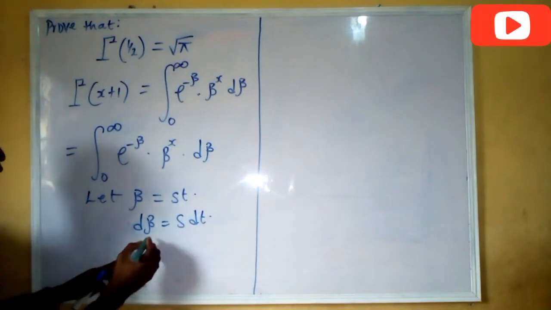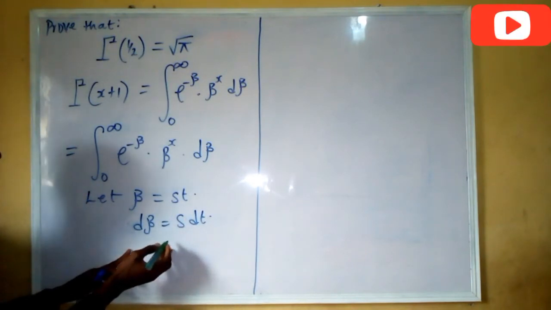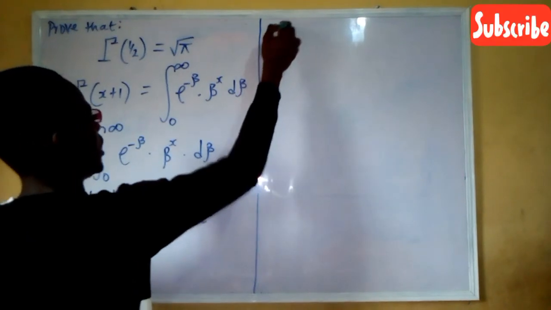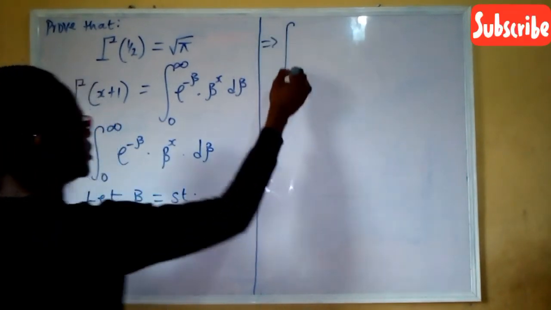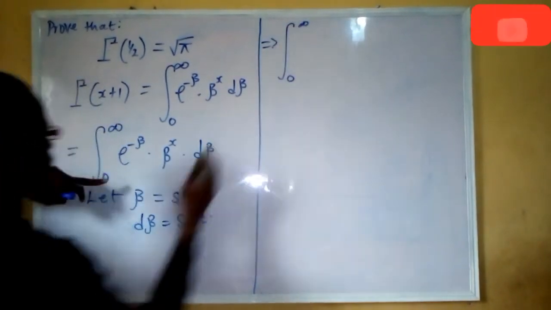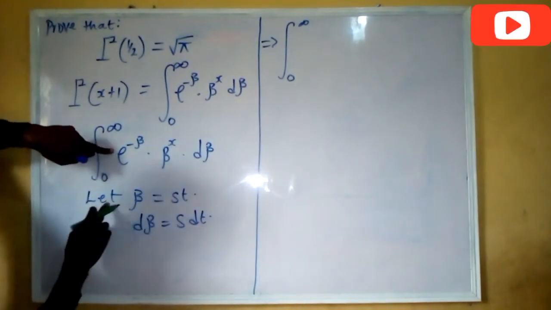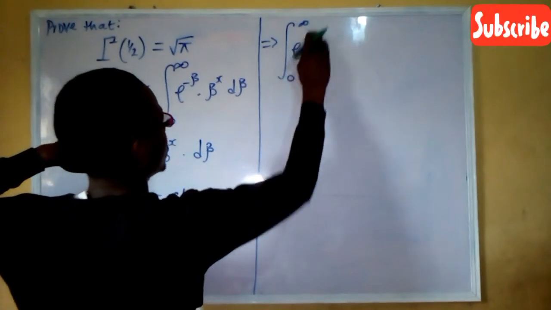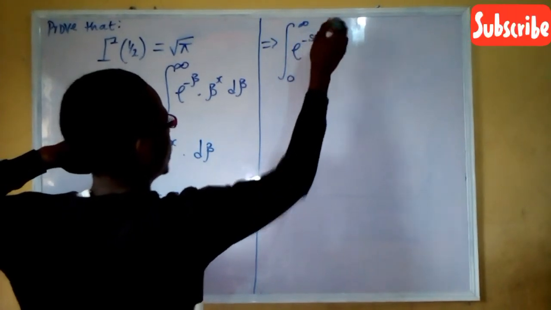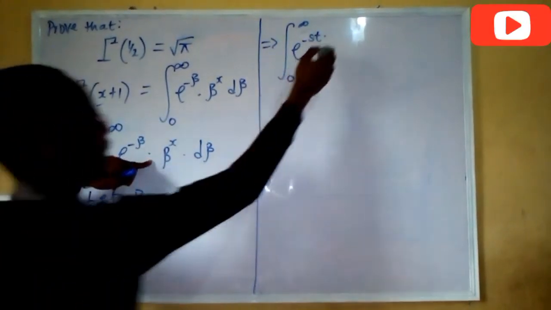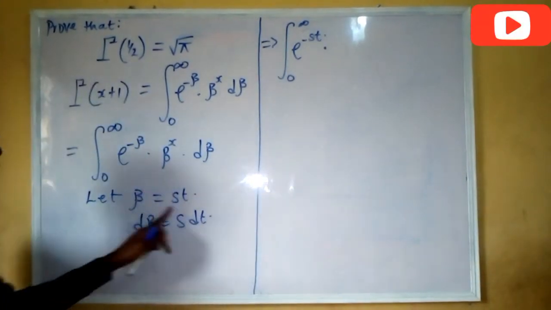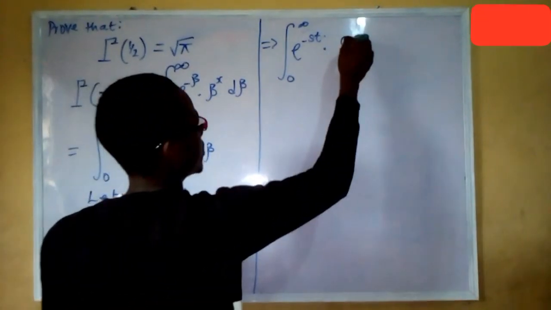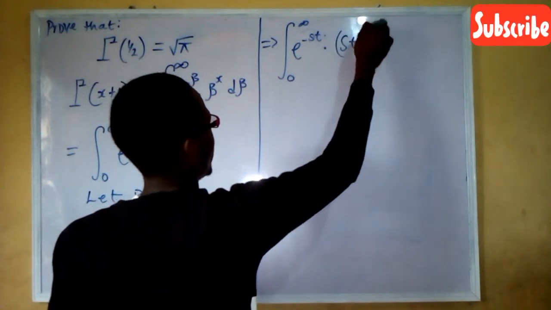So the integral from 0 to infinity of e raised to the power minus st, times st raised to the power x.